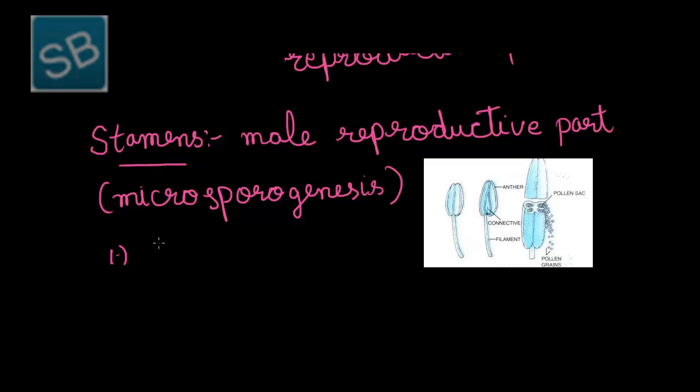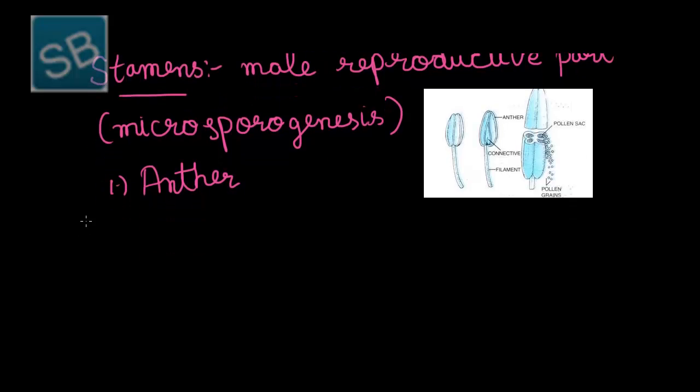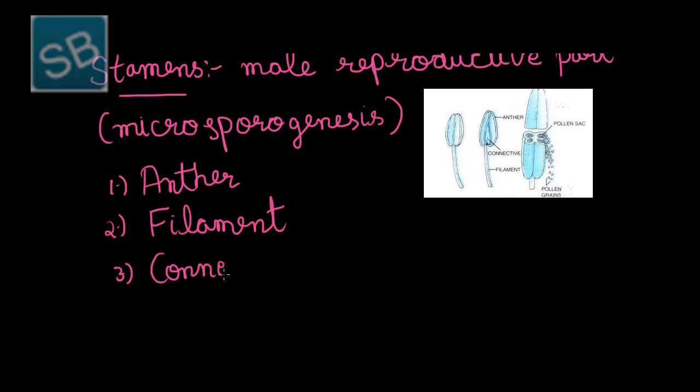Therefore, the structure of a stamen includes three parts: anther, filament and connective. The connective occurs between the anther and the slender filament, as a joint medium between the two.